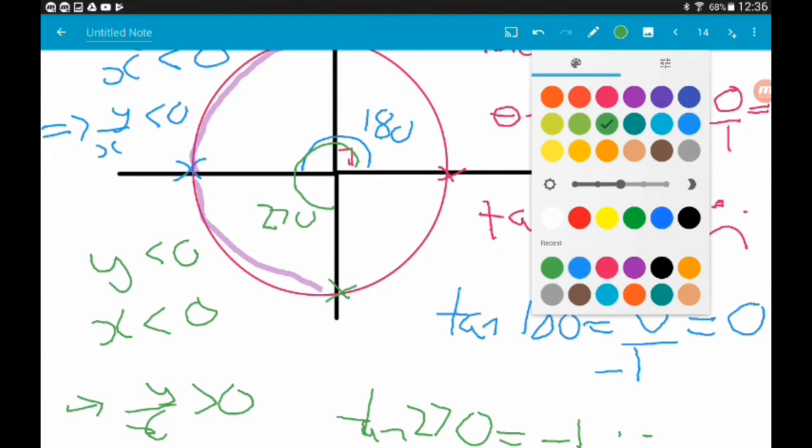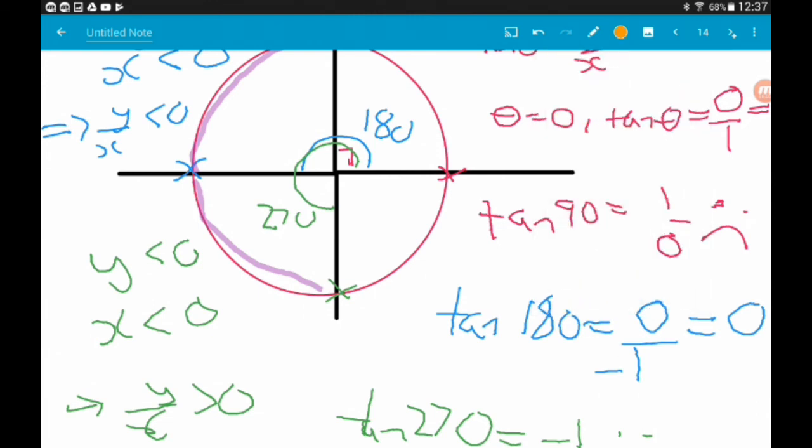Okay, and then we got one last trip to make. This must be a really long video. If you're still here, hold on. So the last one we need to look up is 360 degrees. So, at 360 degrees, we are just back where we started. So again, we get that value 0 over 1, which is equal to 0.